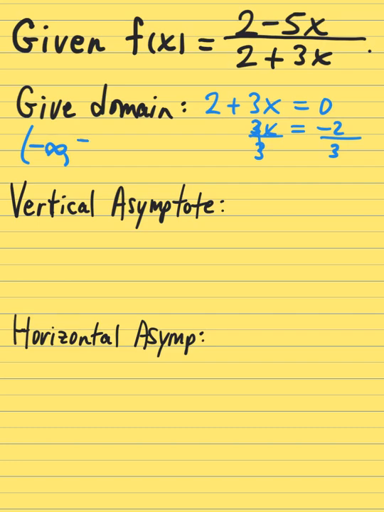We do not want to use that value because that one creates a 0 denominator, which is undefined in mathematics. So your domain would be all real numbers except negative 2/3.